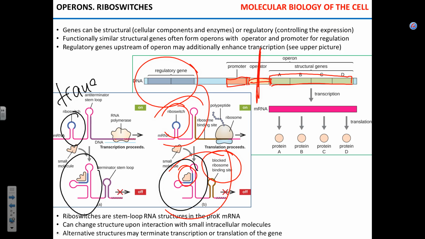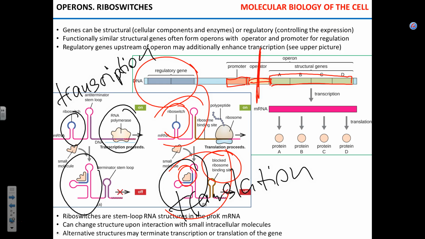Let me label this: this is transcription, and this is translation. Does that make sense? So here it affects RNA polymerase, its ability to carry out the transcription. Here it affects the ribosome, its ability to carry out the translation. Right?